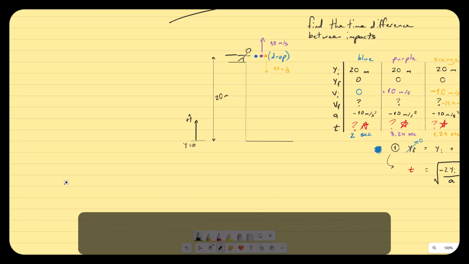So orange first, and then from 1.24 to 2 is 0.76 seconds later. Blue, 0.76 seconds later.